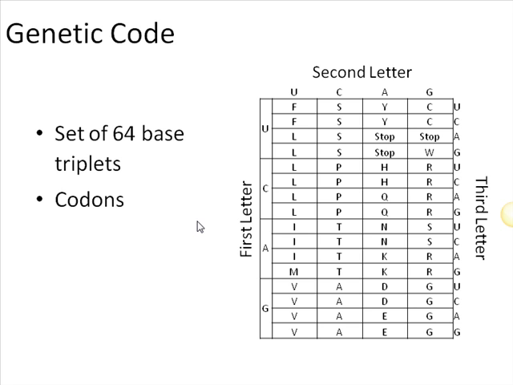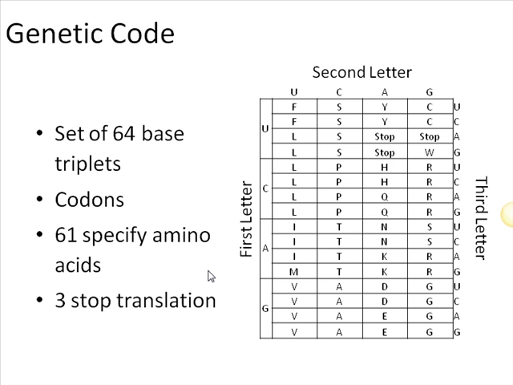So there are 64 codons, and 61 of them specify an amino acid. Some of them specify a stop. These stop codons are how we know that the gene has ended.